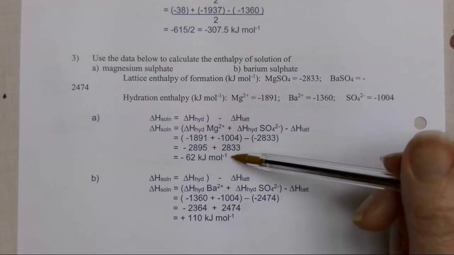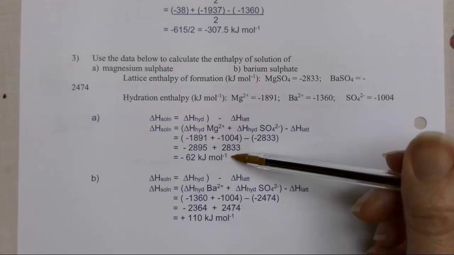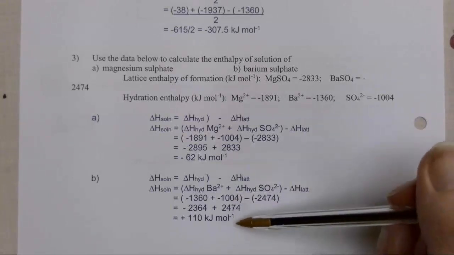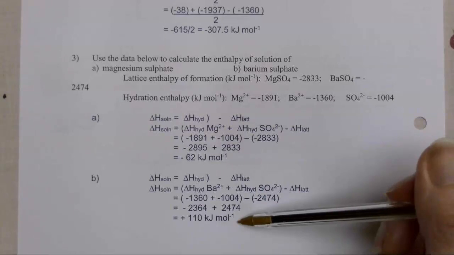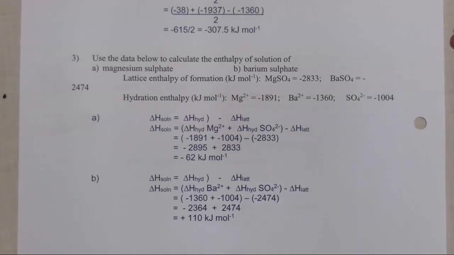If we work out the enthalpy of solution of magnesium sulfate, it comes out as a reasonably good exothermic reaction, so that's likely to occur. However, when we work down to barium sulfate, it now has an endothermic enthalpy of solution and is much less likely to occur.